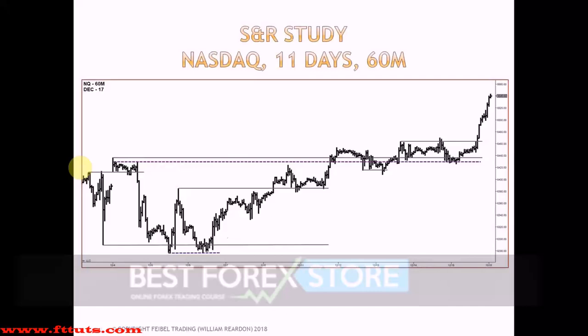So yes, try to think in terms of areas as well, not just a rigid single line. This local level of support complements our main level of support. This isn't weakness. Big difference. Good question.